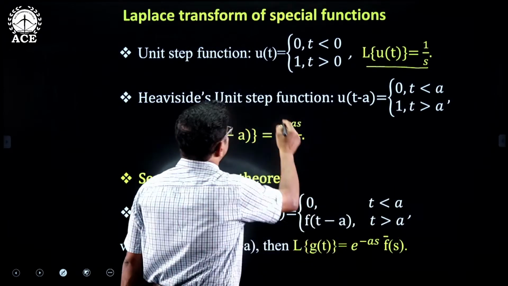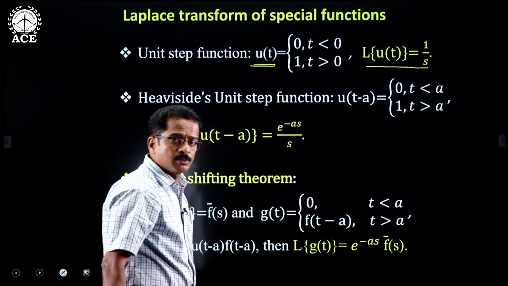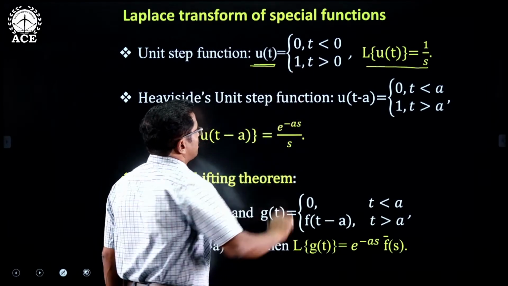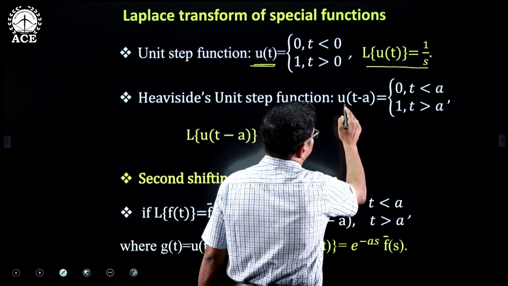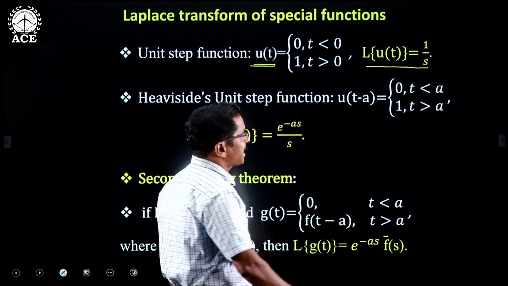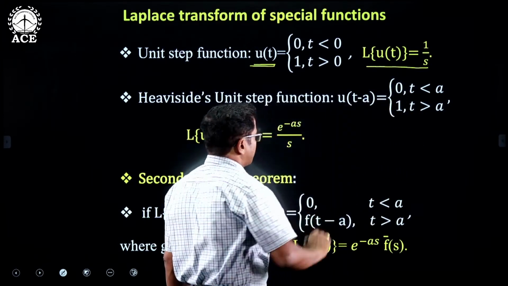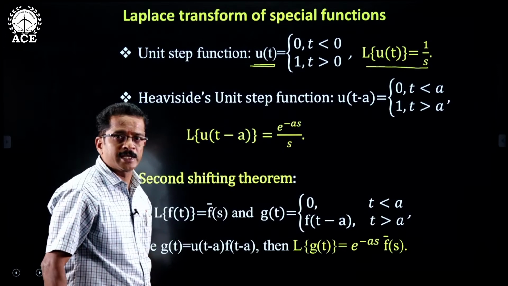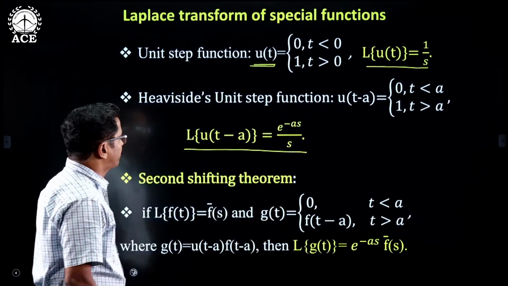The Heaviside unit step function is u of t minus a: for t less than a it is 0, for t greater than a it is 1, whose Laplace transform is e power minus as by s. This is the Laplace transform of a unit step function.